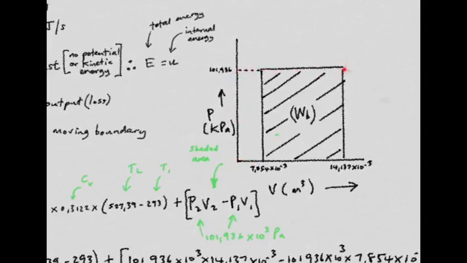That would be P2 times V2, and we subtract from it P1 times V1. In other words, this little rectangle over here. So it's this one minus this one that would give you the balance, being this shaded portion over here.